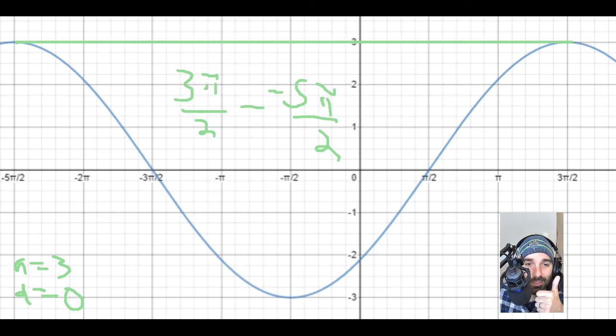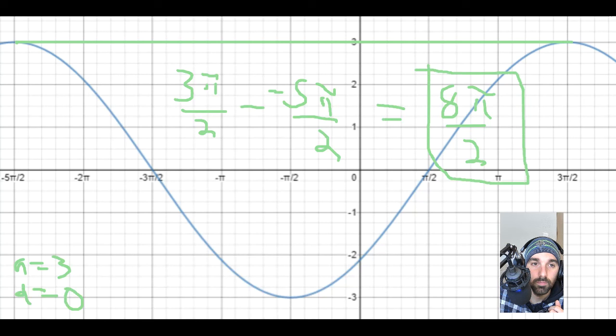So 3 plus 5 is 6, 7, 8, and yes, I used my fingers. 8 pi over 2. So that's my new period, or as I coined today, the noop. So the noop is 8 pi over 2.